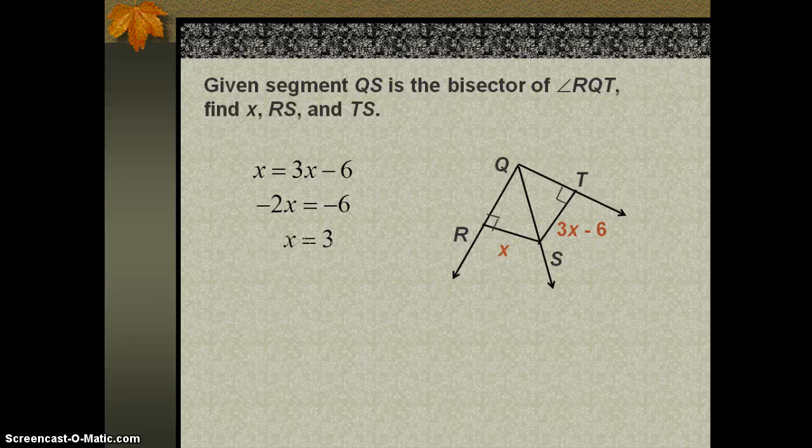So I'm going to get that X is equal to 3. That means that RS is 3 because RS is just X. To get TS, I need to plug in X. So I'm also going to get that TS, or ST, is also 3. They should be equal distance. They should both get an answer of 3.